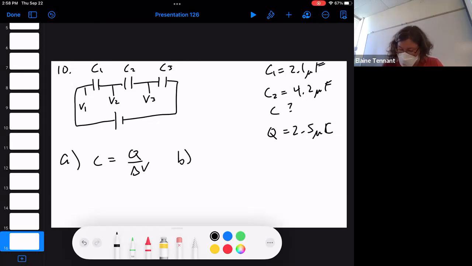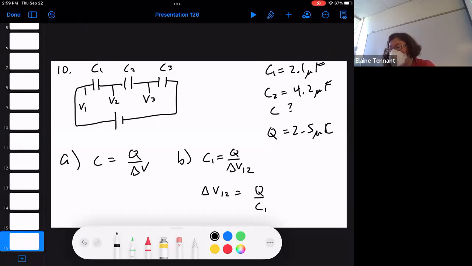So part B, C1 equals Q1 over delta V, and this potential difference is going to be the potential between V1 and V2. So we're going to call that delta V12. Since we're looking for delta V12, that's delta V12 equals Q over C1. Straightforward. I assume at some point they're going to ask for numbers, but you could plug in numbers at this point and you could find that.